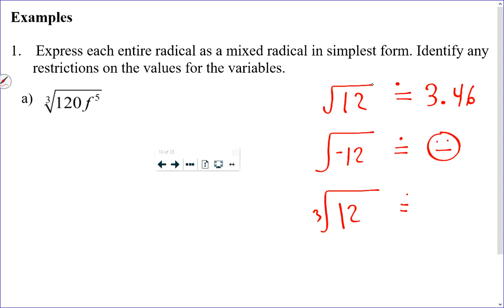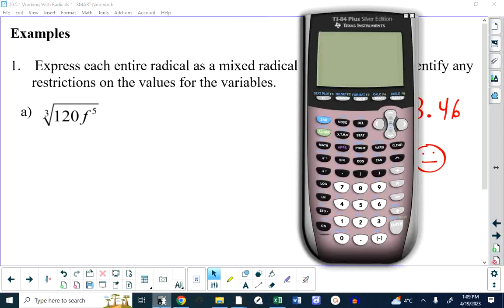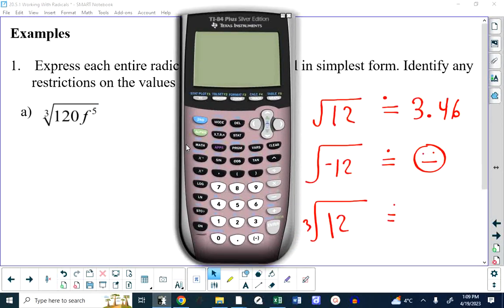So cube root of 12. How we do this is we go to the math menu, choose cube root, and then 12. Whoops. Don't know what happened there. Go to the math menu, choose cube root of 12. I'm getting 2 point. Are you okay with it now? Yeah. Okay. So I'm getting about 2.29-ish.